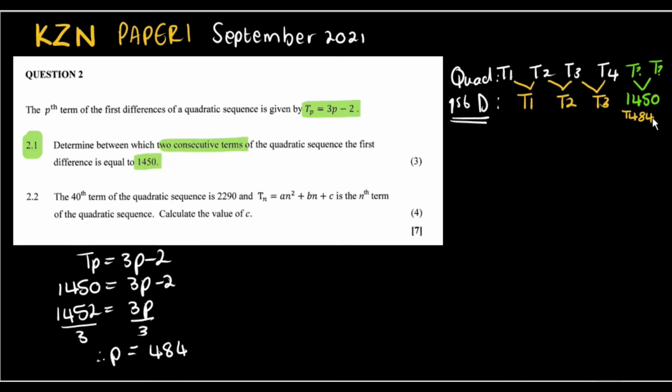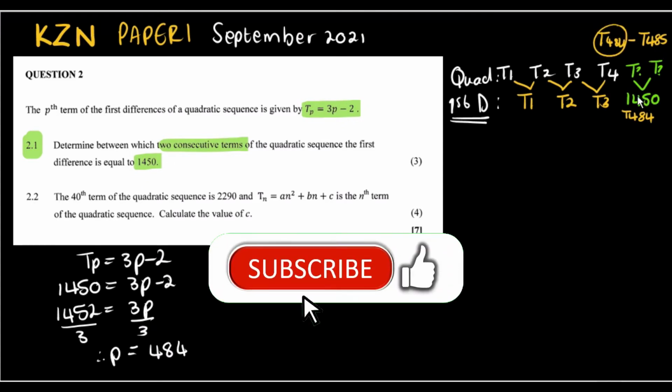So in this case, if we have term 484, to find out which two terms are responsible for giving us this value, it will be term 485 minus term 484 that will give us this value.